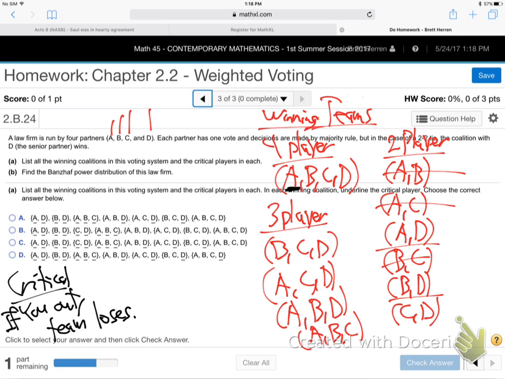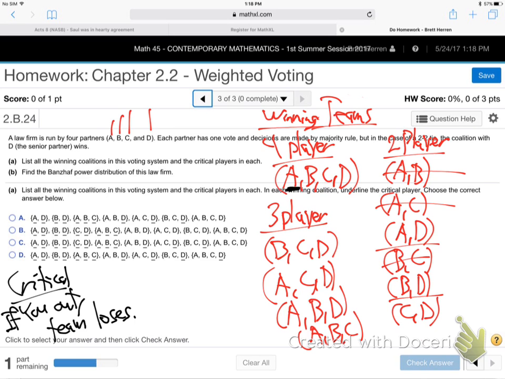Okay, 3 players. I would say the ones with D. So let's take a look at 3 players. If B says, I'm out, does the team lose without him? C and D would be the only ones in favor. That's only 2 people, which means it's a 2-2 tie. And how do you know who wins in a 2-2 tie? Whoever has D. Well, they would have D. They still win without him. He's not critical. And neither is C. B and C are going to be the same.